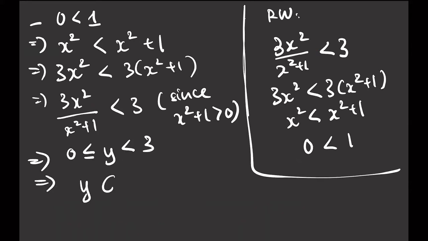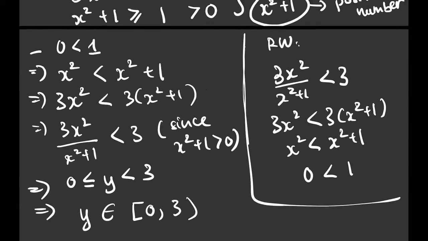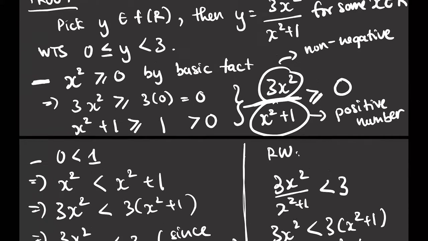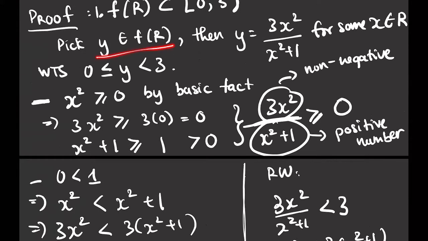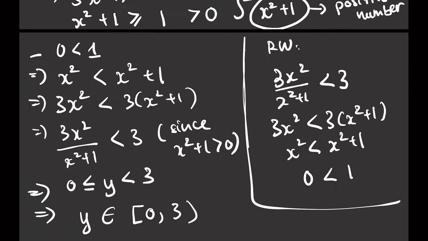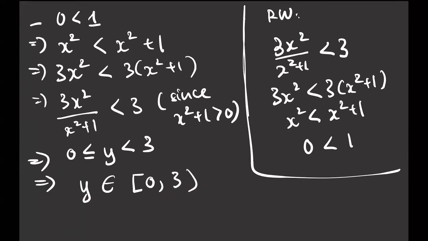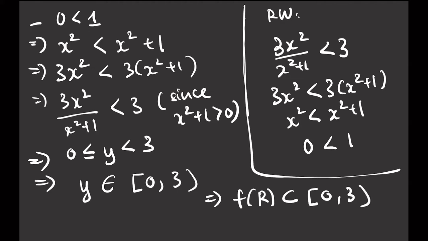So y belongs to the interval 0 to 3. We started with y in f of R, and we end up with y in the interval 0 to 3. So that's why f of R is a subset of 0 to 3.